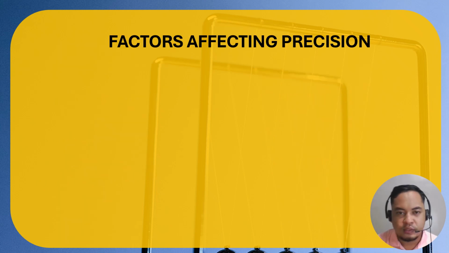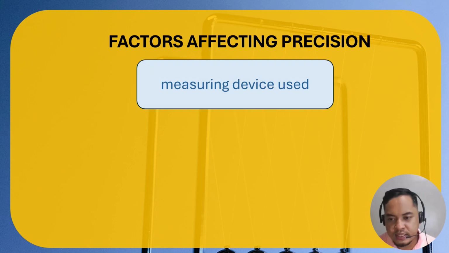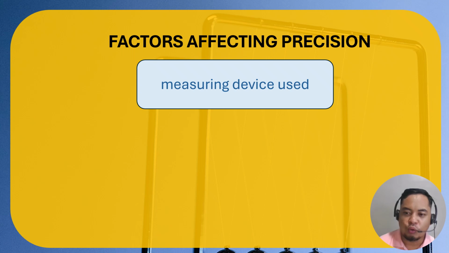So I will be presenting to you factors affecting precision. The first one, we have measuring device used. If we are using an old apparatus in doing our experiment, it will really affect the precision, or how consistent or how close your measurements are while using that device or apparatus.